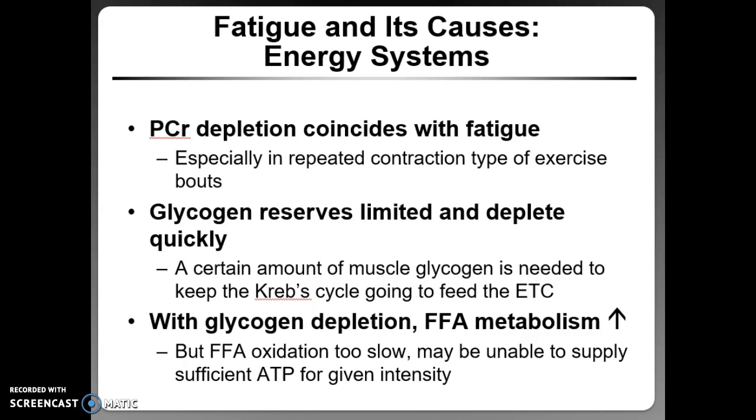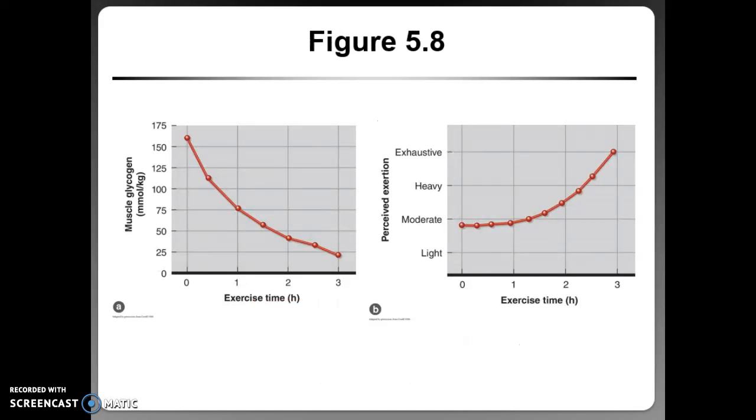So a certain amount of glycogen is needed to keep the Krebs cycle going, especially at the intensity that we want to exercise at. With glycogen depletion, we do start to see free fatty acid metabolism increase. However, it's slow. And remember, if we're trying to exercise at a certain intensity, maybe win a race, then free fatty acid metabolism isn't our best friend.